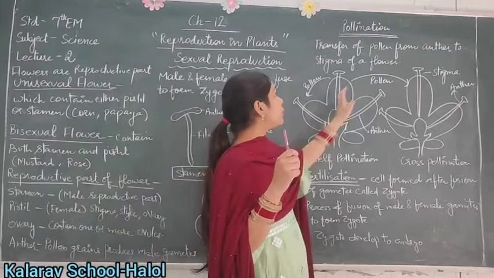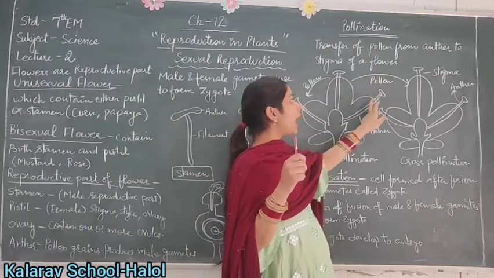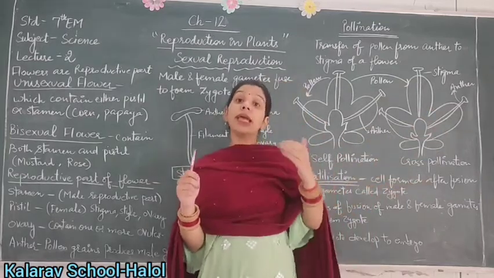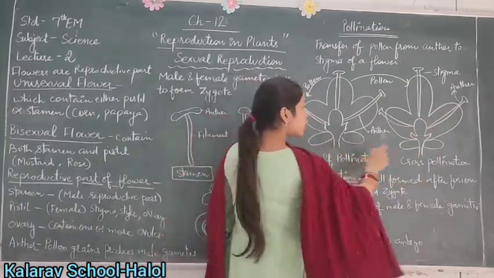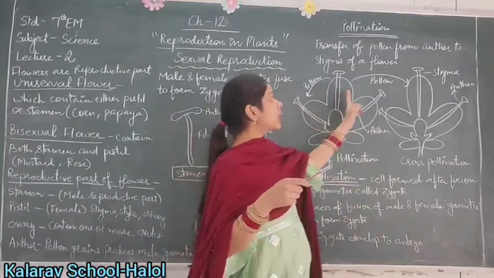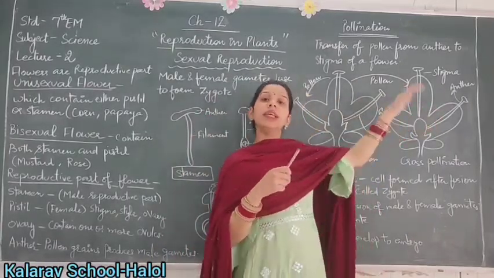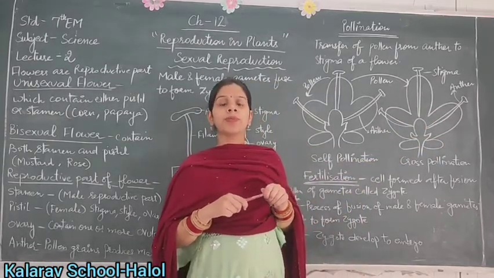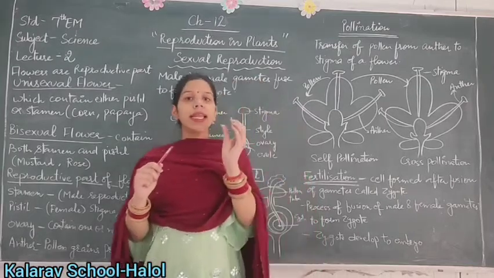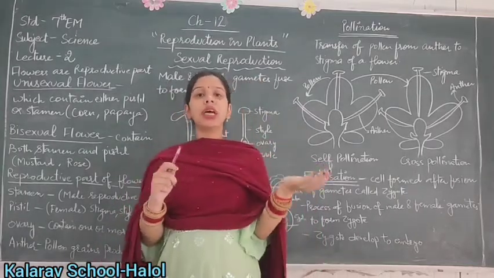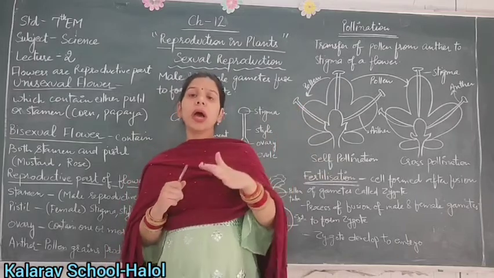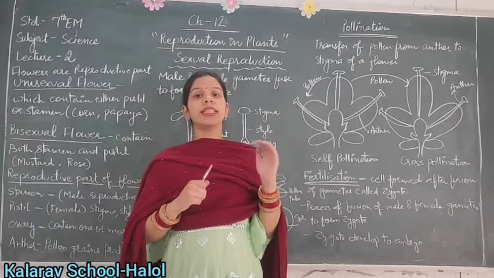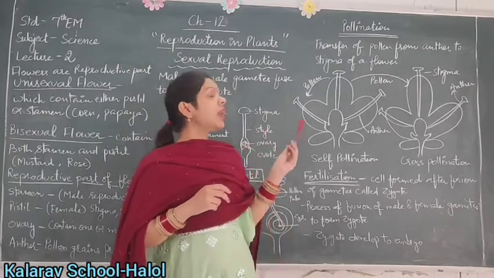But if the pollen is transferred from the anther to the stigma of another flower of the same kind, then this pollination is called cross-pollination. Pollen is very light in weight. It can easily be transferred from anther to the stigma of another flower through wind, water, insects, etc.